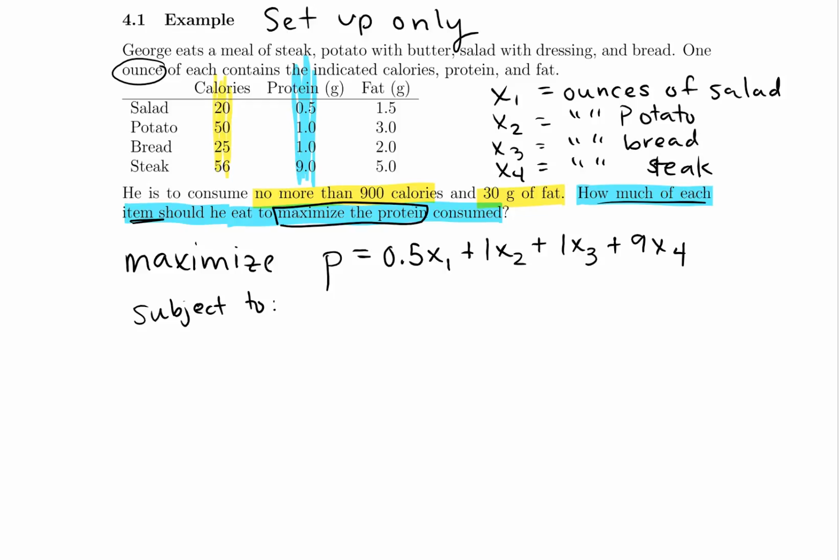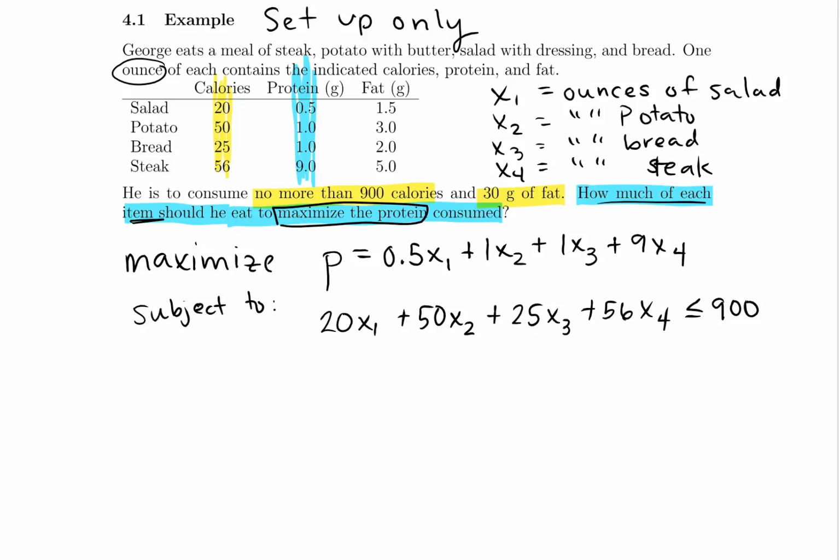So our total calories are going to be given by 20 calories per ounce of salad, plus 50 calories per ounce of potato, plus 25 calories per ounce of bread, plus 56 calories per ounce of steak. Now all of these calories all together have to be no more than 900 calories. So this must be less than or equal to 900.